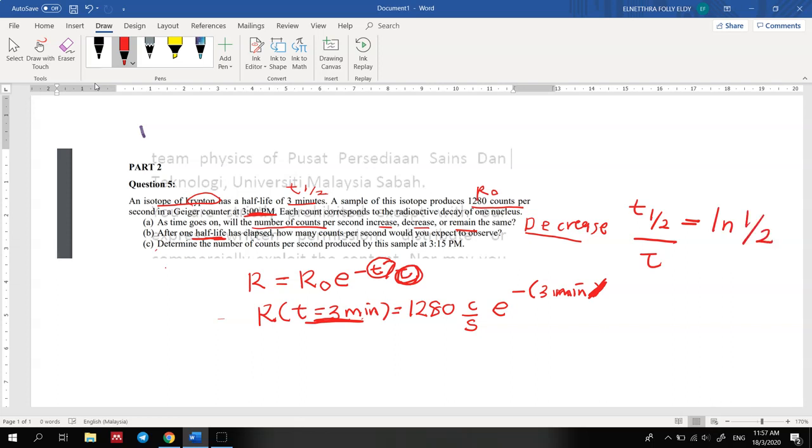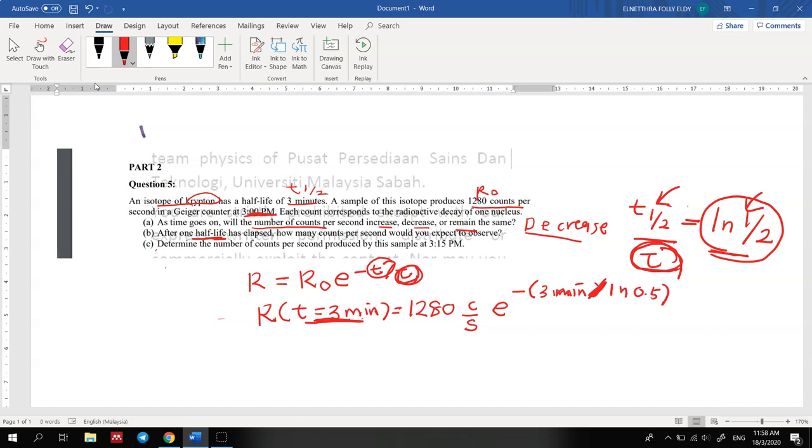So this is the relation between my half-life and my decay constant. By substituting the half-life, which is 3 minutes, and calculating, you will get your decay constant. So your decay constant is supposed to be ln half, which is ln 0.5.